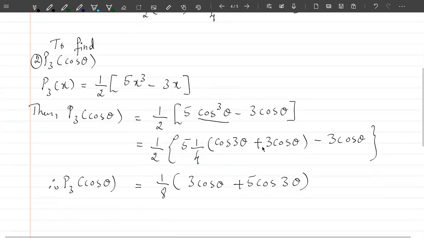Now if you solve the terms inside the parenthesis, you should get 5 by 4 cos 3 theta plus 5 by 4 into 3 cos theta minus 3 cos theta, and all those terms will be multiplied by 1 by 2. So after further simplification, the answer for P3 of cos theta is equal to 1 by 8 into 3 cos theta plus 5 cos 3 theta.